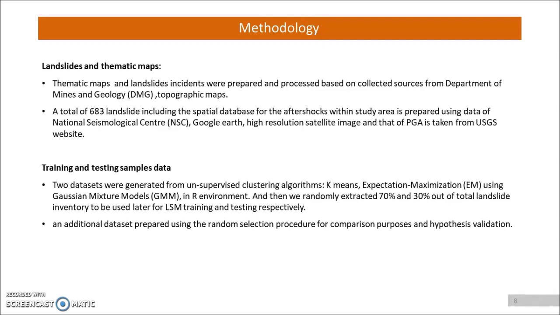Additionally, we followed the classical style, where we choose 70% of the study area randomly without any assumption about clusters. So we just choose 70% of these 680 locations to train the model, and we hide the other 30%.